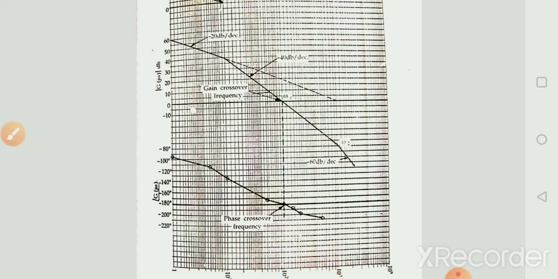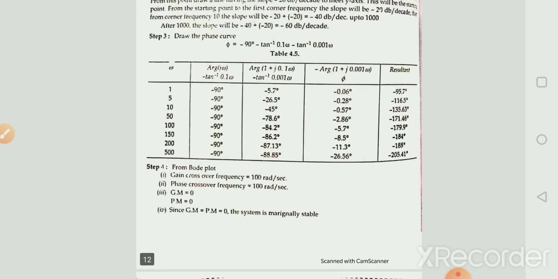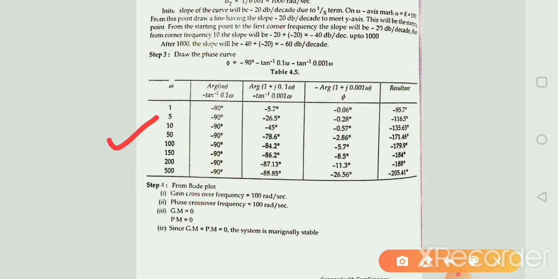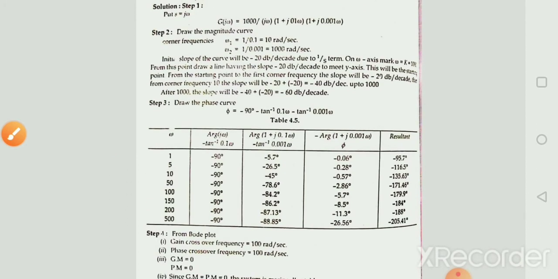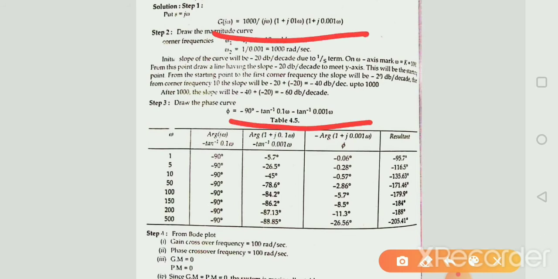Now we have to find the phase curve. For the phase curve we put different omega values in the angle. If we write the angle for this expression, it is minus 90 minus tan inverse 0.1 omega minus tan inverse 0.001 omega.